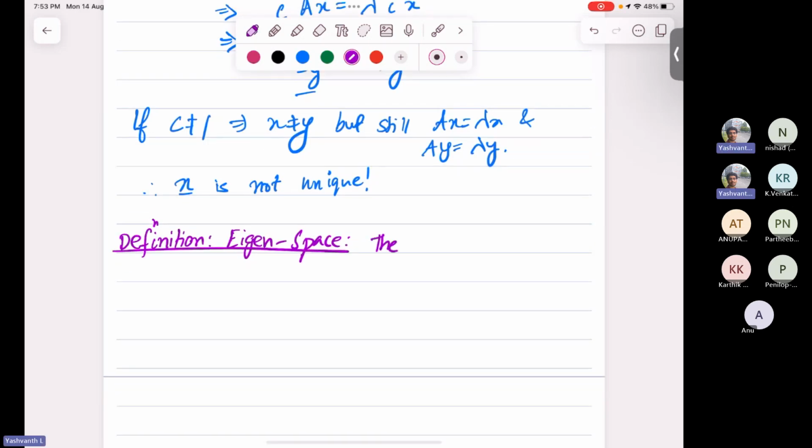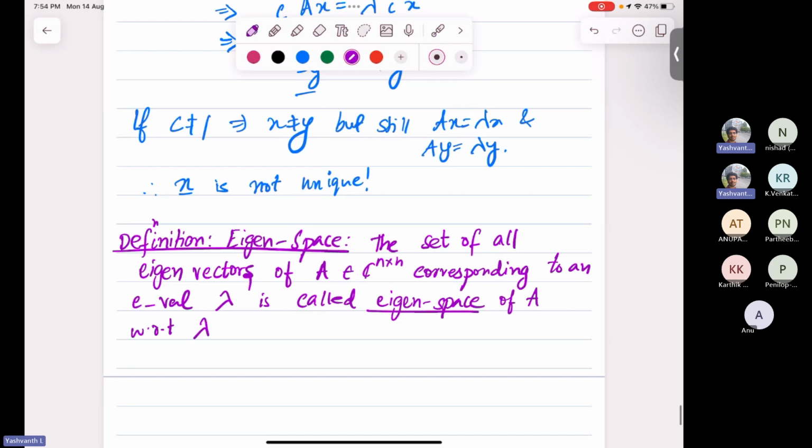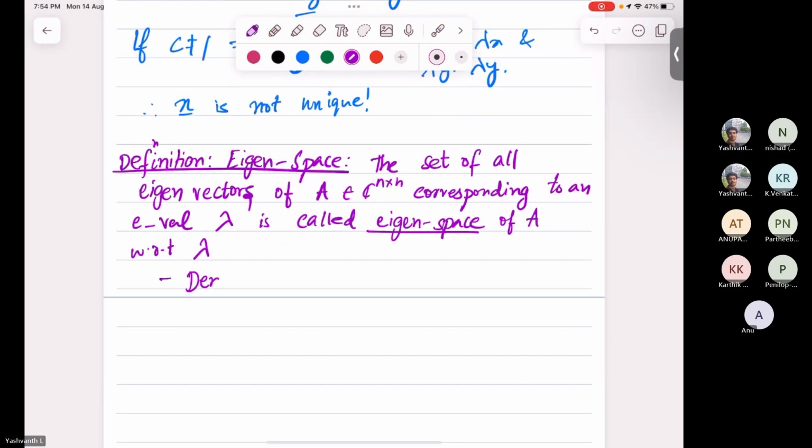It says the set of all eigenvectors of A, which is an n by n square matrix, corresponding to an eigenvalue lambda is called the eigenspace of the matrix A with respect to the eigenvalue lambda, denoted as E lambda.